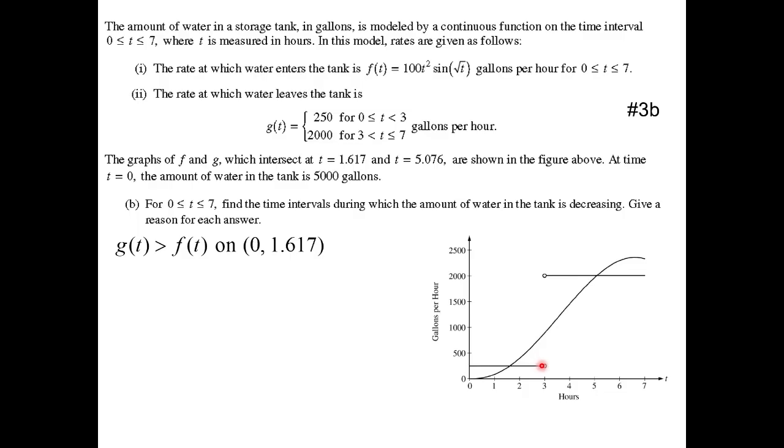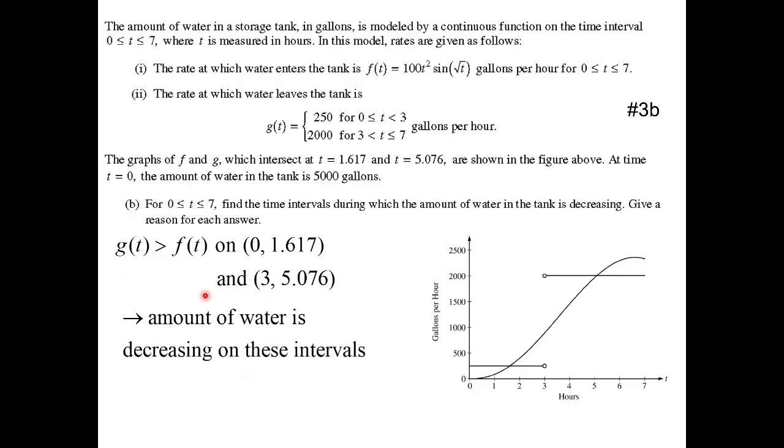At 3, we leap up to a much higher rate of water going out, and g of t is again greater than f of t, all the way from 3 until this 5.076 spot. After that, f of t takes over again, and we've got more water going in than going out. So since g of t is greater than f of t on these intervals, the amount of water is decreasing on these intervals.